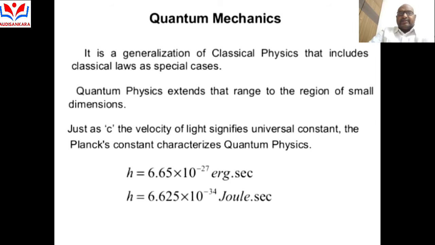Just as the velocity of light signifies a universal constant, Planck's constant characterizes quantum physics. Planck's constant h is equal to 6.625 into 10 power minus 27 erg seconds, which converts to 6.625 into 10 power minus 34 joule seconds.